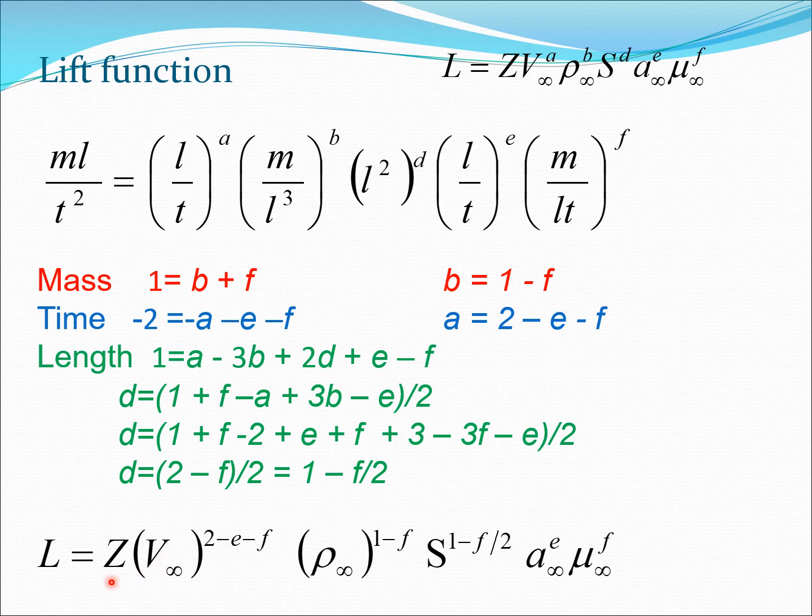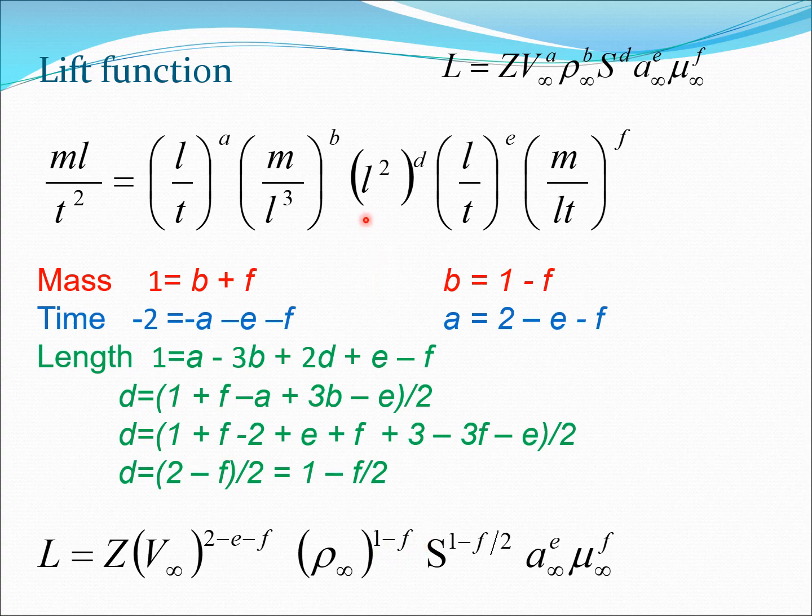So now what we have is this V infinity, which was the velocity, to the power A, and we know A is 2 minus E minus F, so we have that here. We have the next one, which is density, and density had power B, so that's 1 minus F, 1 minus F comes here.